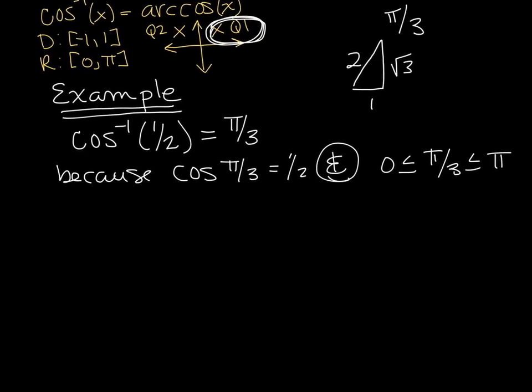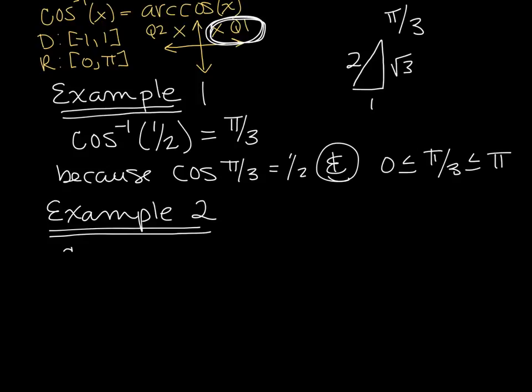We'll call this example 1, and we'll do an example 2. Let's find the inverse cosine of the cosine of 5 pi.